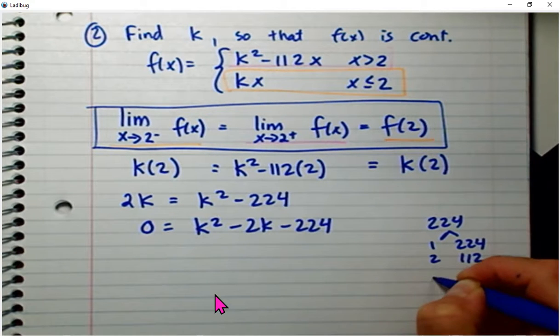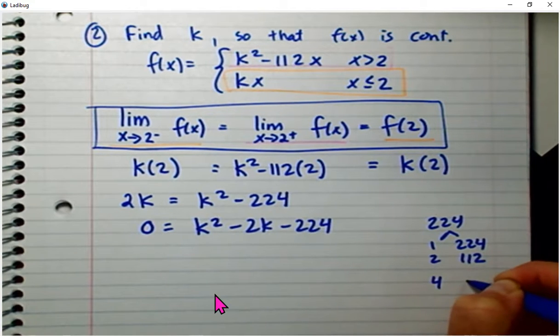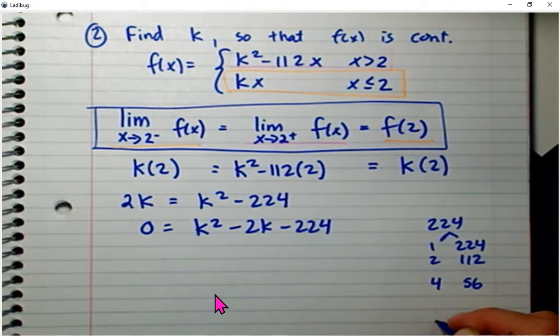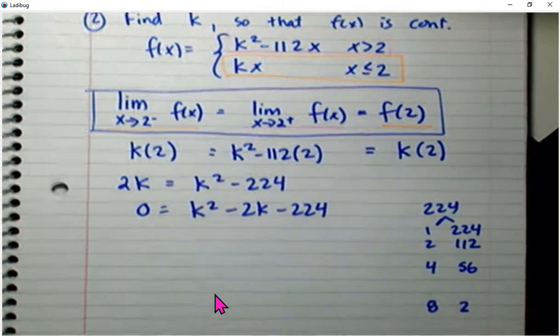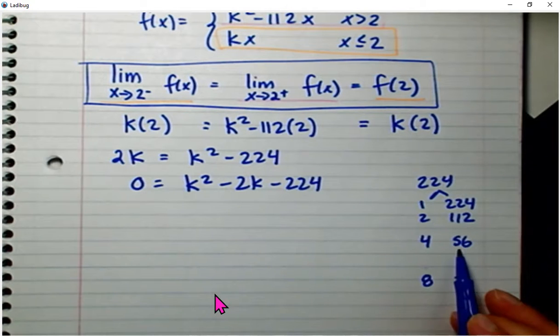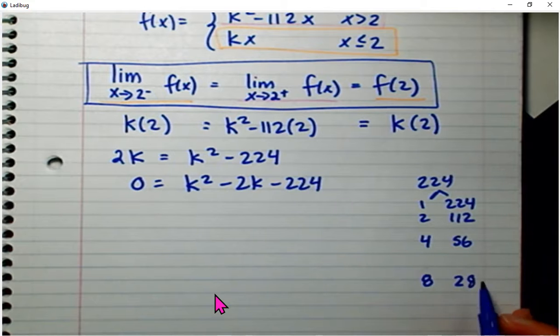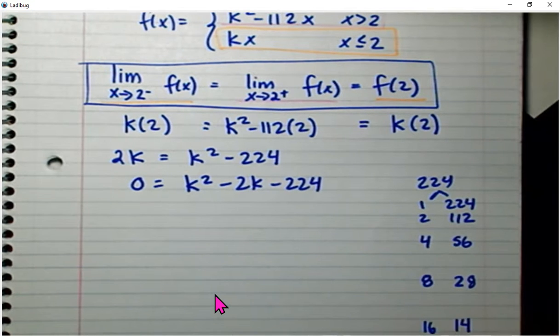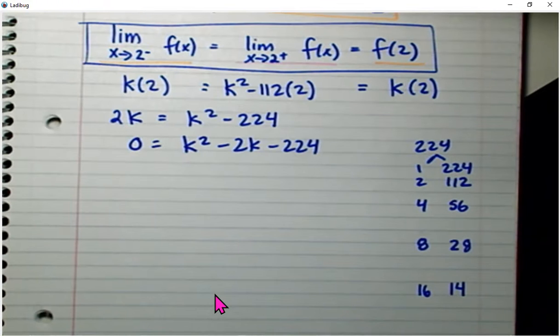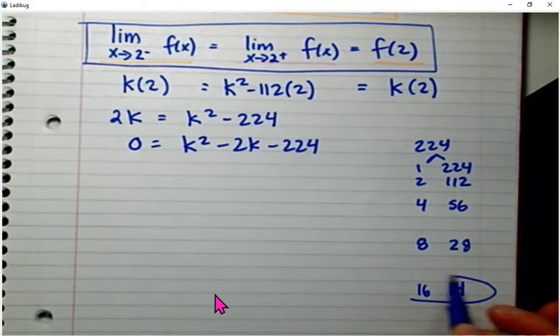Times 2, divide by 2, 50. Times 2, divide by 2. I'm just making numbers here. 25, 28, times 2. Oh, those numbers do it. There we go, there's my numbers.